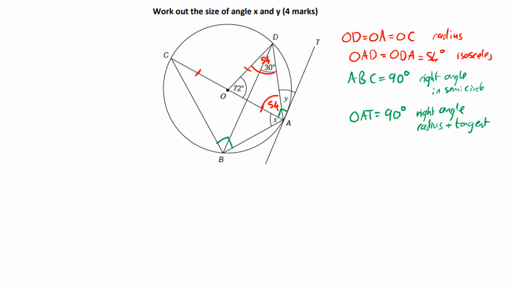Okay, are we getting anywhere? Basically, yeah. So we can say what y is, can't we? We can get y as being equal to 90 minus 54, so it's equal to 36 degrees. And there's no particular proof of that beyond it's a right angle.